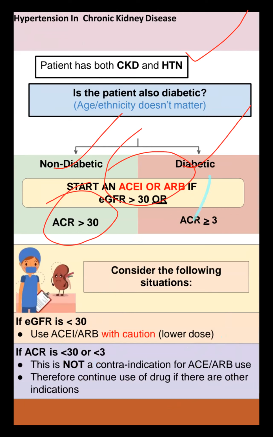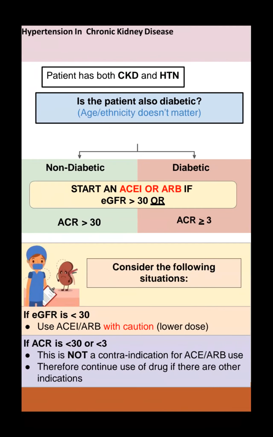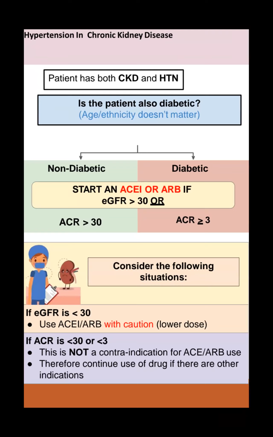The main thing is that in a diabetic patient with eGFR below 30, it is not contraindicated. In practice we use ACE inhibitors above eGFR 30 and below 30 we don't. This is the protocol, though eventually if we use it below 30, no issue. But remember, for the exam, we use ACE inhibitors till eGFR 30.